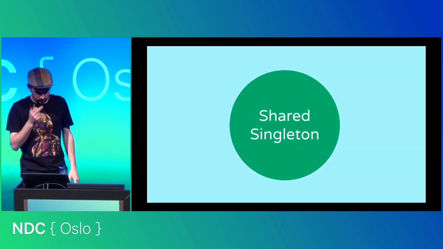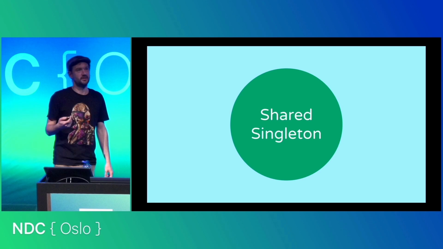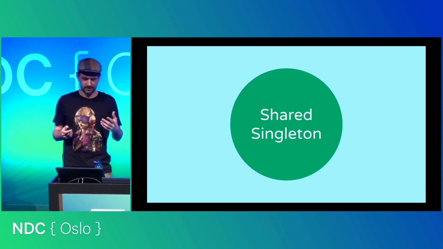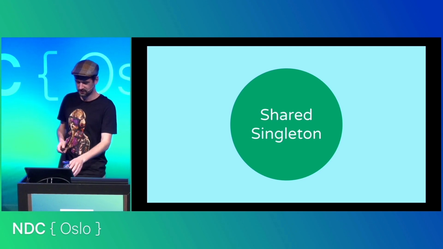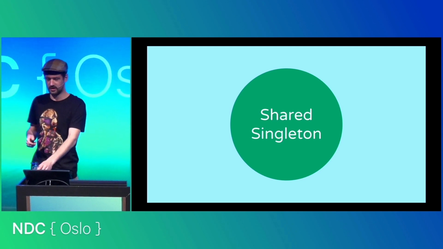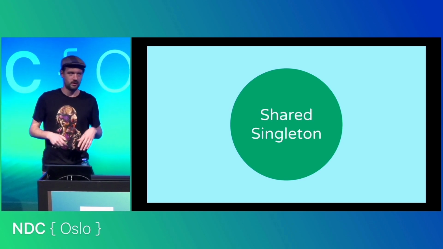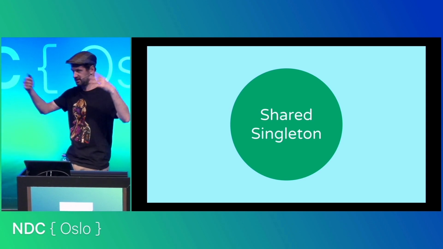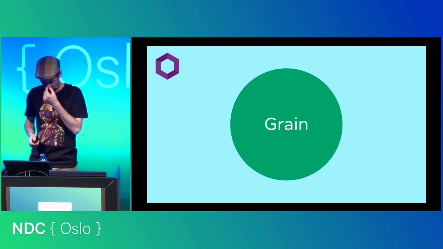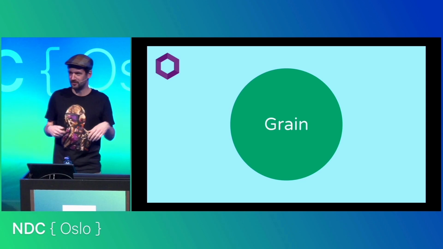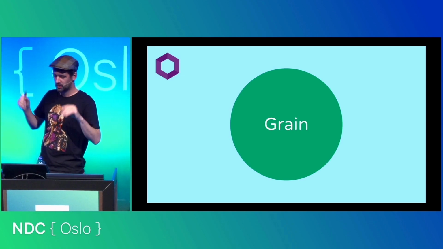So this shared singleton, well, naming in Orleans comes from Microsoft Research. They thought, let's not call it a durable object or cloud native object or distributed object. No, we're going to call it a grain. That's just to make things more weird, but that's fine.